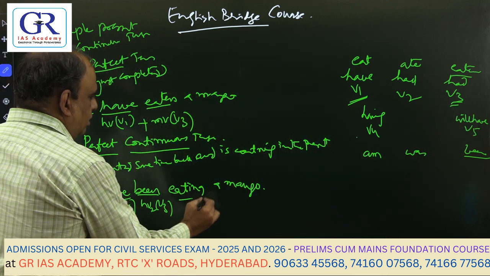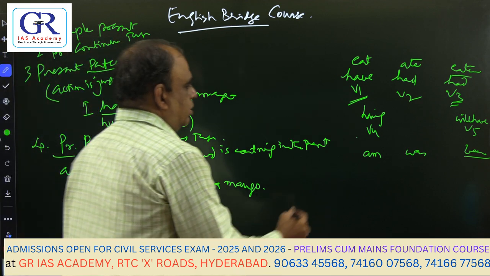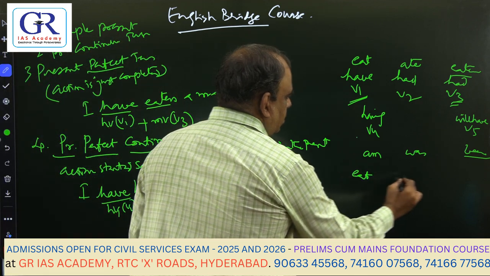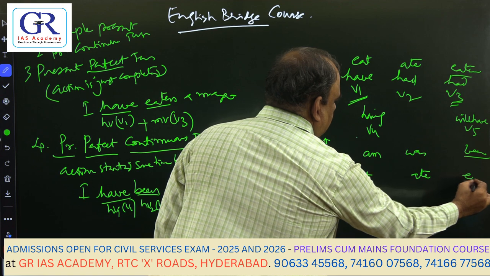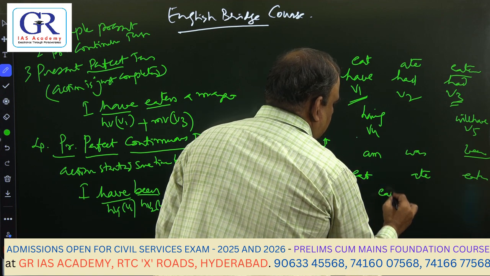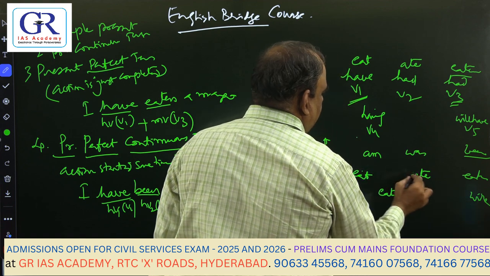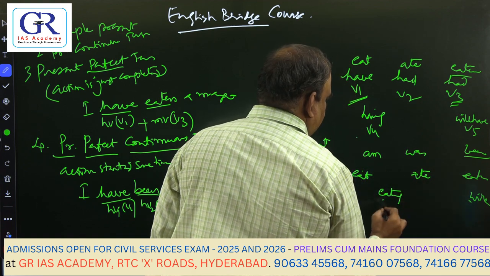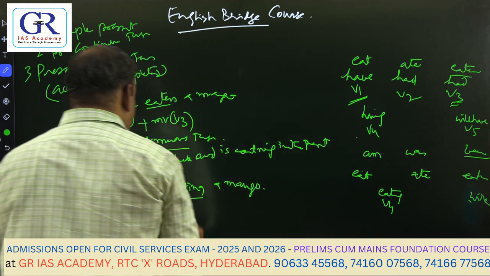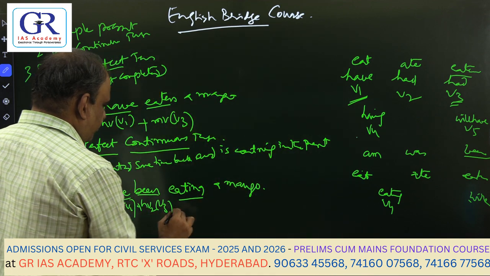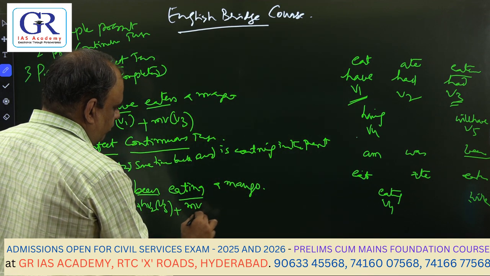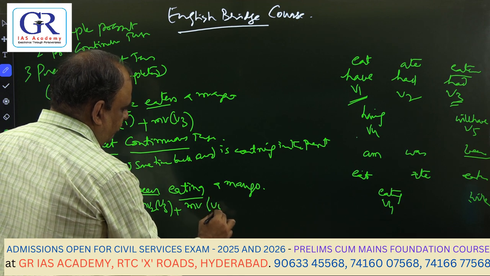And then eating. I have told you, eat, ate, eaten, eating, will eat. So this is V1, V2, V3, this is V4, this is V5. So it is V4. So main verb is in V4 form.